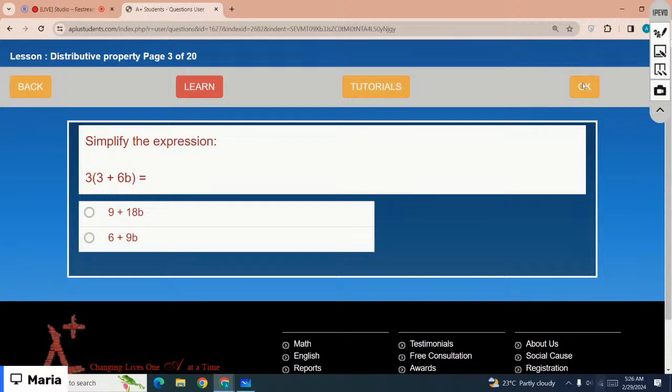Okay, simplify the expression. So which is the correct option? Solve the question and write the answer in the chat box.